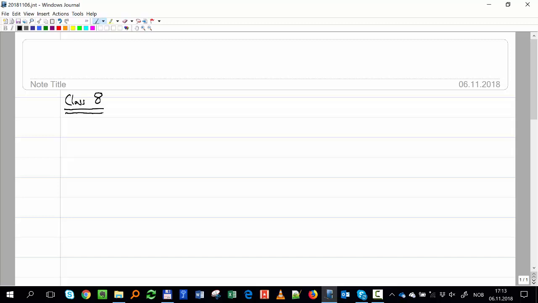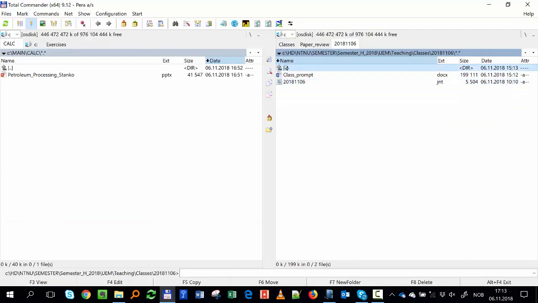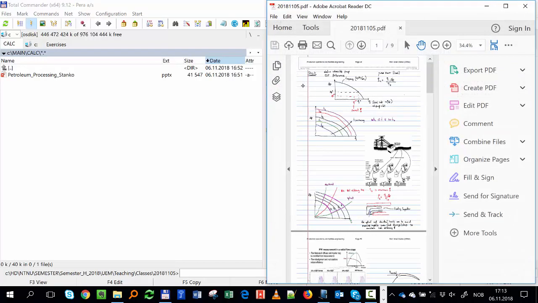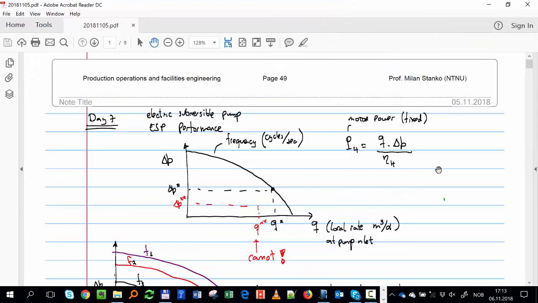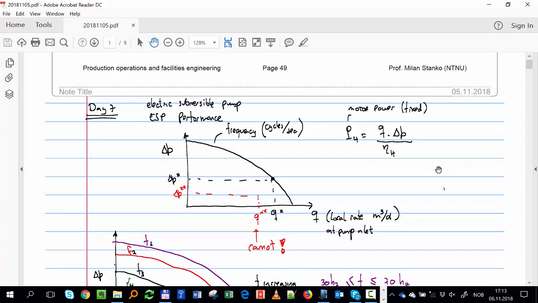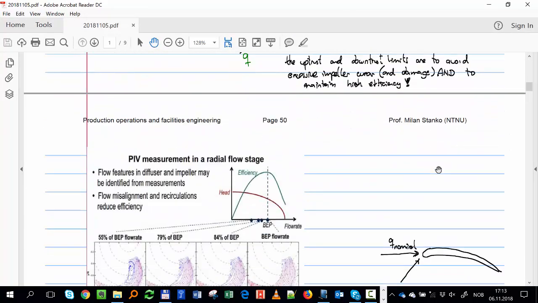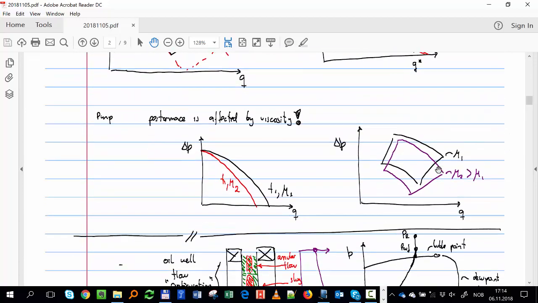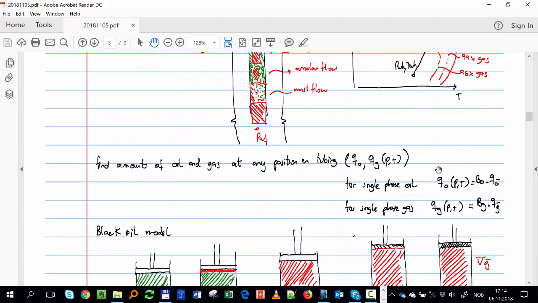Okay. So first let's make a short summary. Last class was ESP. I gave you a small introduction. Then we talked about multiphase, which I told you is the most common case. We typically have multiphase flow.